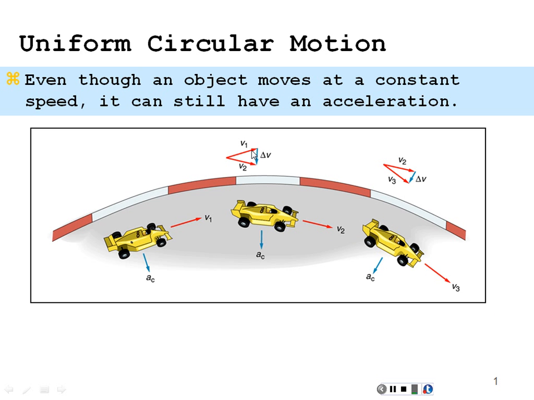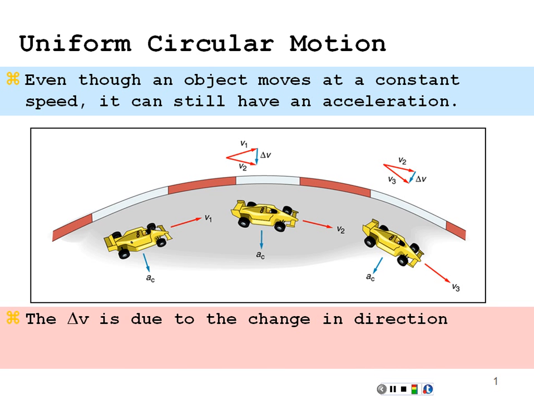So if we compare these two velocity vectors, we can see that there's a change in velocity between our direction v1 and our direction v2, even though the magnitude is still the same. So we have a change in velocity that's actually towards the center of this curvature, center seeking.